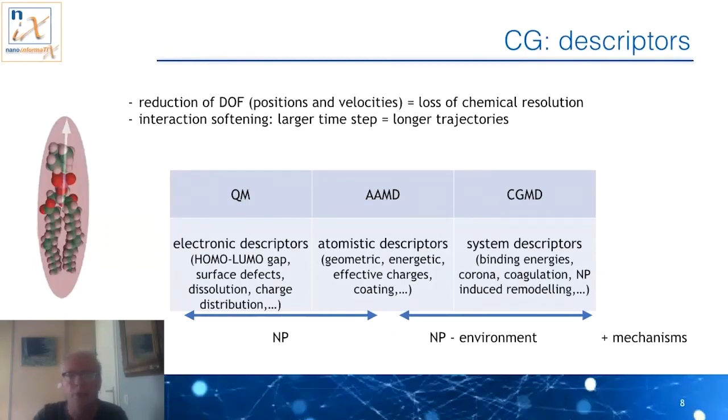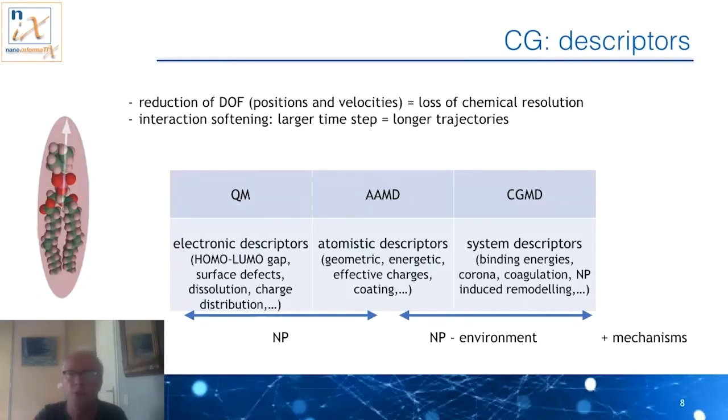Then about the descriptors. So you can also calculate different descriptors. At the quantum level, you can calculate the electronic descriptors like the HOMO-LUMO gap, surface defects, dissolution, charge distribution, and so on. At the atomistic level, you have the atomistic descriptors. They're generally geometric, energetic, effective charges, coatings, and so on.